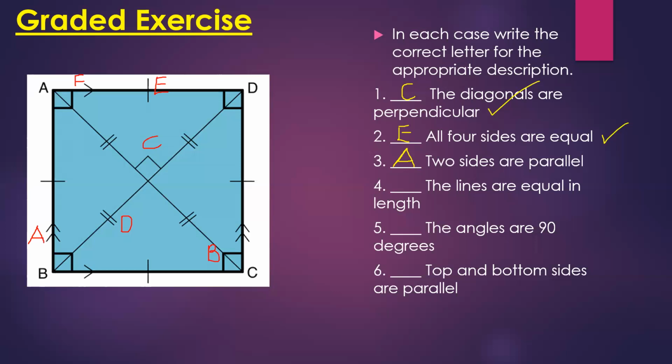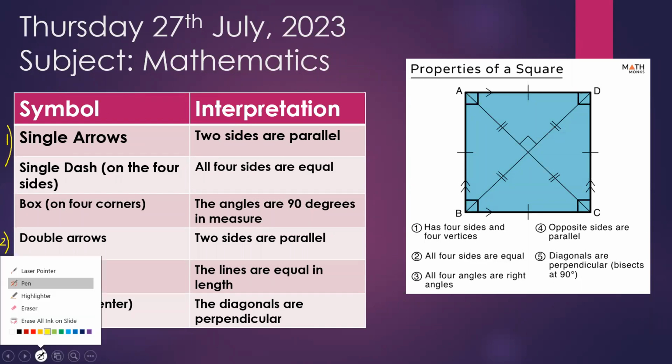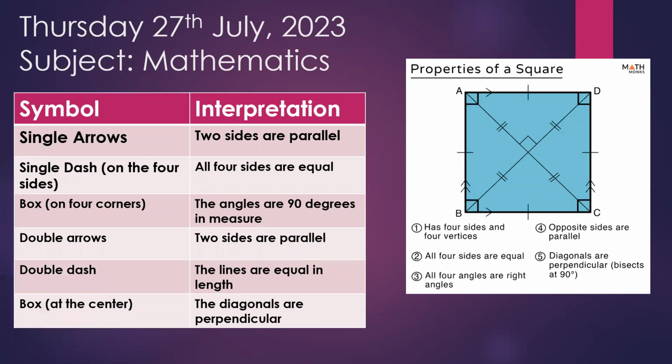If you look carefully, Olivia, the single arrows and the double arrows show parallel. You see that? Yes, sir.